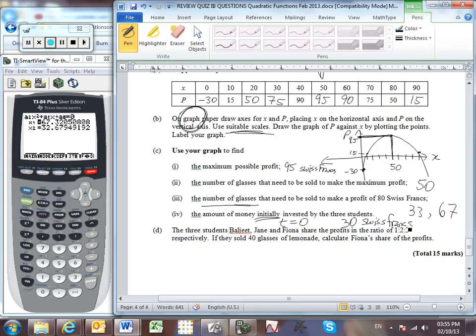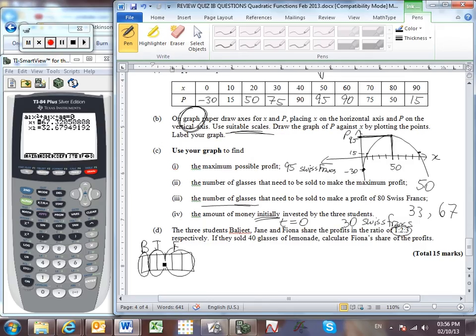And part D, they share the profits in the ratio of 1 to 2 to 3. If you imagine 1 to 2 to 3, that's a total of 6 parts of the profit. Baljeet gets only 1 of those parts, Jane gets 2 of those parts, Fiona gets 3 of those parts, maybe because they've invested different amounts of money.